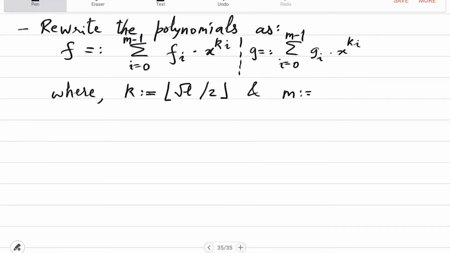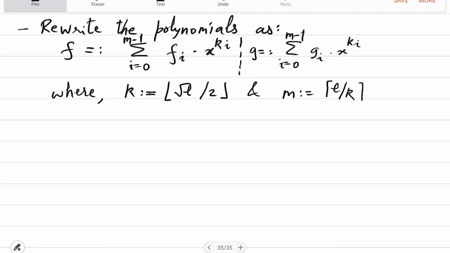And whatever k is, m will be around L over k. Basically, k times m has to be L. So you take m to be L by k, ceiling. Okay, so the effect is that both k and m are, think of them as, around square root L.